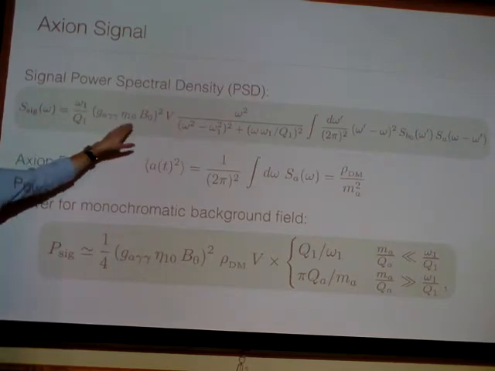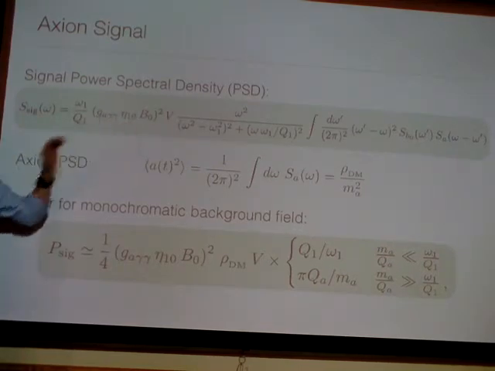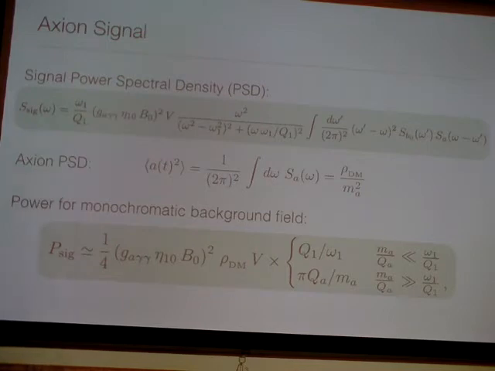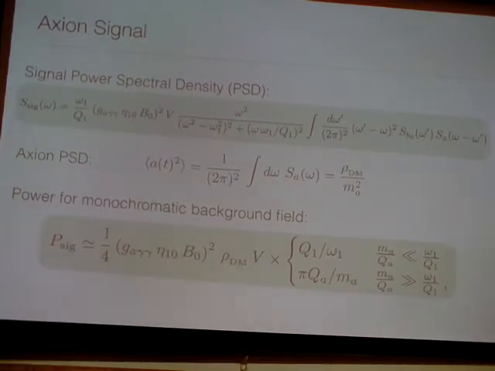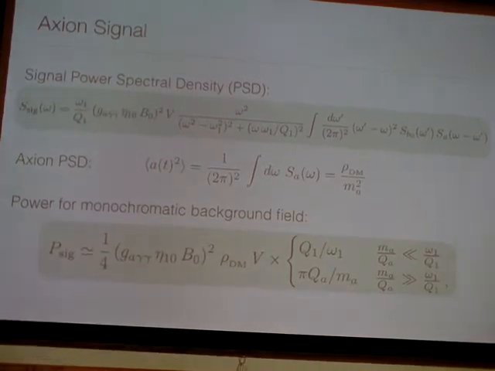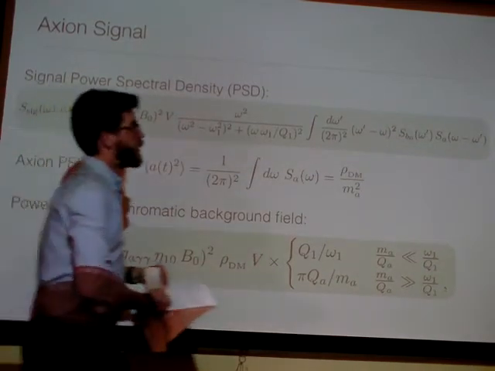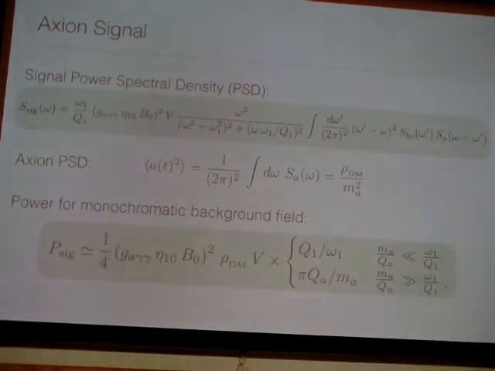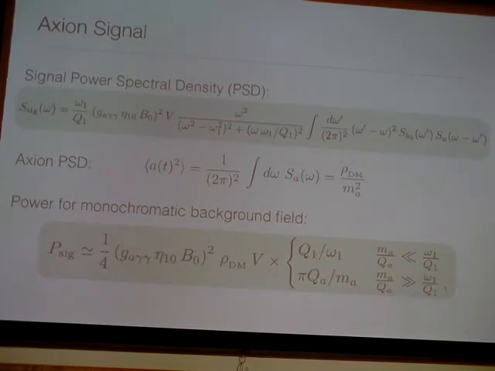It also has this other parameter, eta10. So this eta10 parameter is basically telling you how much your signal field overlaps spatially in the cavity with your background field.